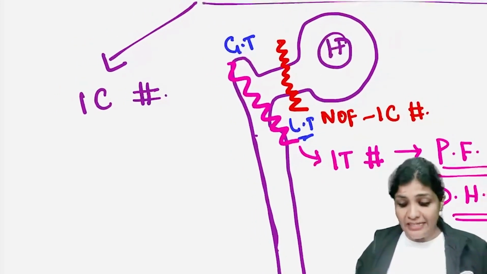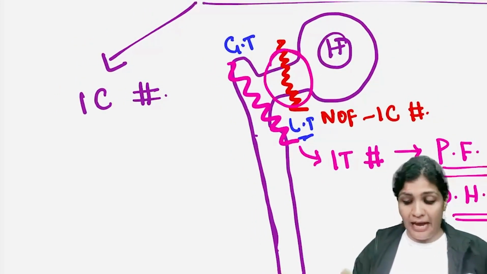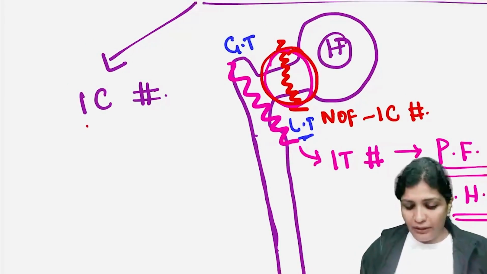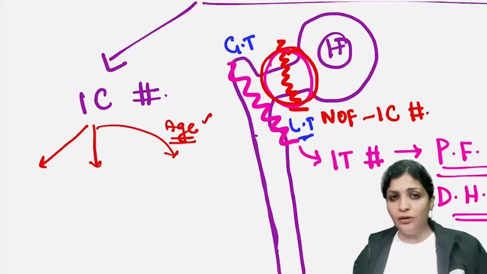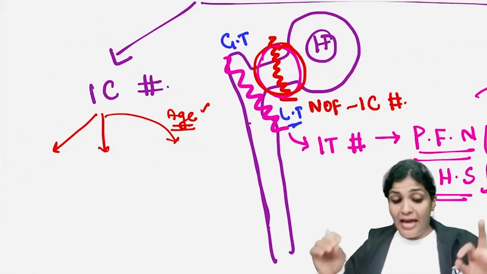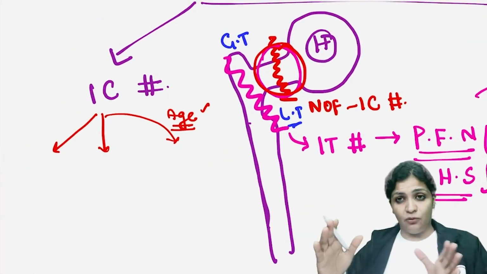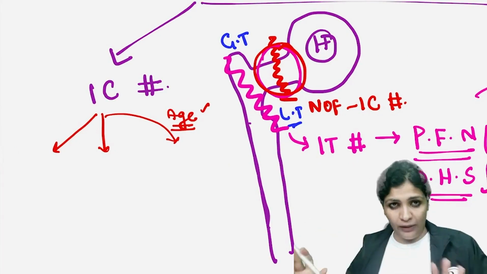If it is an IC fracture, with red, this particular area, here again, it depends upon the age of the patient. Mind you, it depends upon the age of the patient. On the IT fracture, irrespective of the age, it is your nailing only.